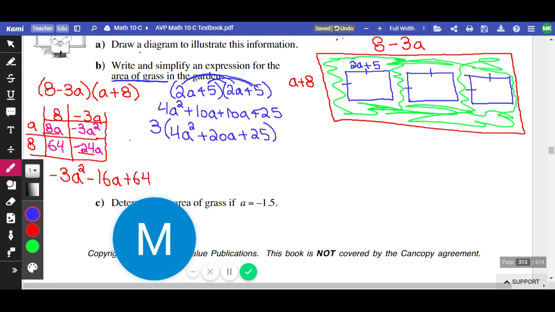If I times by 3 on the outside like that, what do I do with monomials? I distribute them in. That means the area of my blue would be 12a squared plus 60a plus 75.